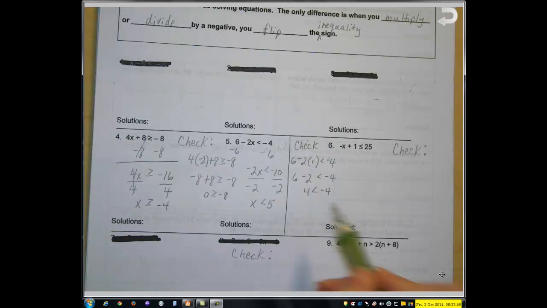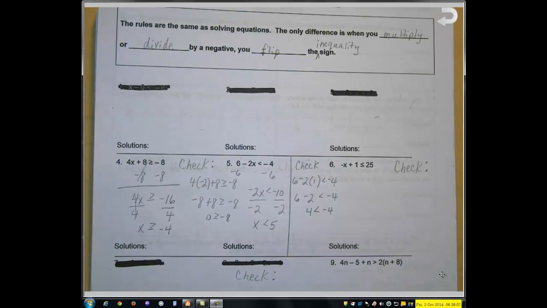So if our solution doesn't work when we check it, it means we must have a mistake somewhere in our equation. Let's go back up to our notes. It says the only difference between solving equations and solving inequalities is that when you multiply or divide by a negative, you have to flip the inequality sign.